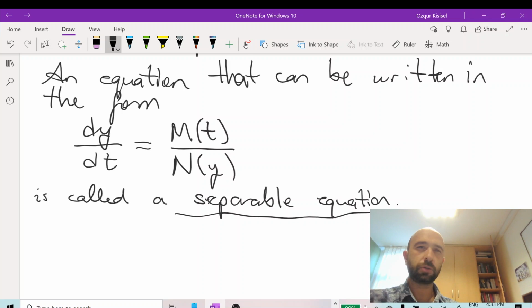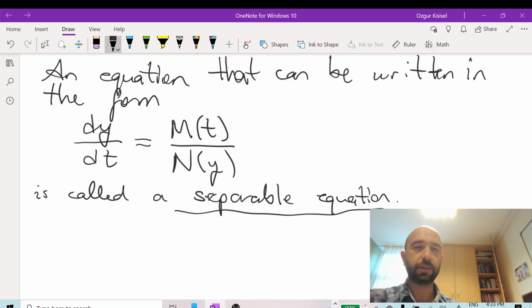Here we don't care too much about what m and n are. The important thing is that everything about t is separated from all the other things about y in a multiplicative fashion.